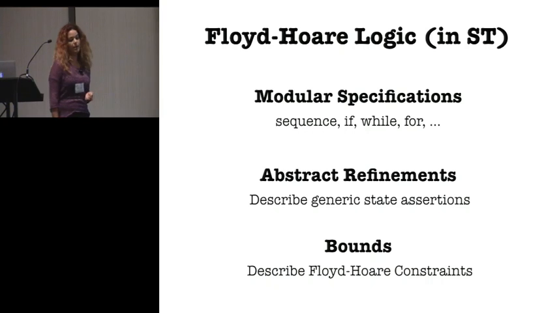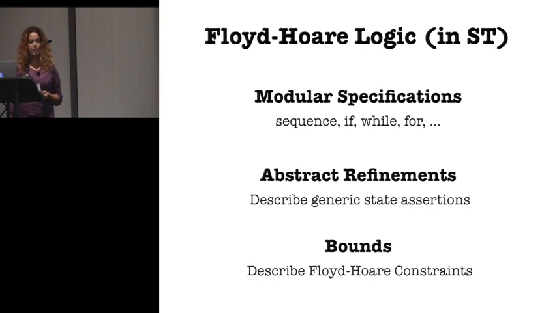So as another application, we use bounded refinement types to specify and verify Floyd-Hoare logic in the state monad. So again, our goal was to provide modular specification on state operators, like sequence, if, while, and for. And to do so, we used abstract refinements to describe generic state assertions.